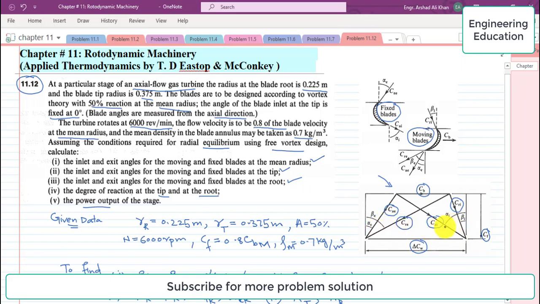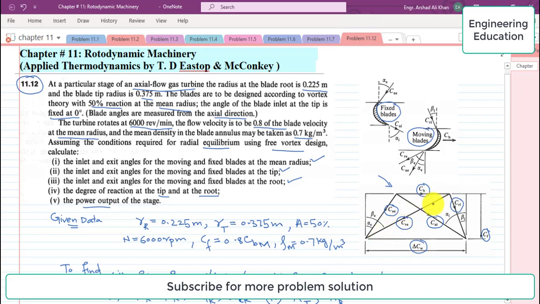So these angles, alpha I is for absolute velocity, beta I is the blade angle at inlet, and it is the angle with the Y axis which the CRI or relative velocity is making. Similarly here alpha E is the absolute velocity angle and beta E is the blade angle at exit, which the CRE velocity is making with the Y axis.